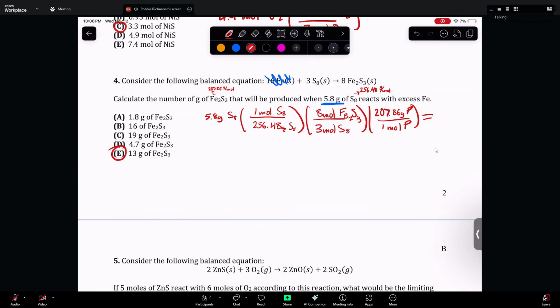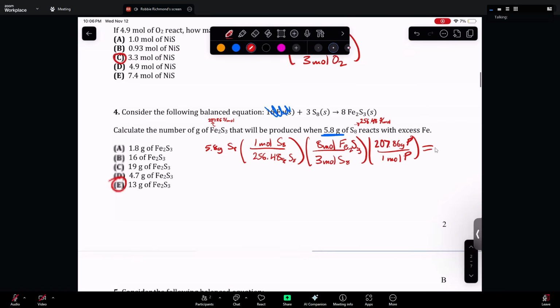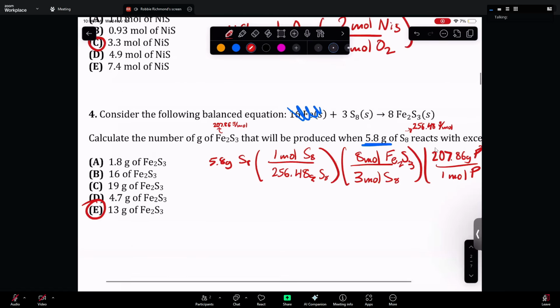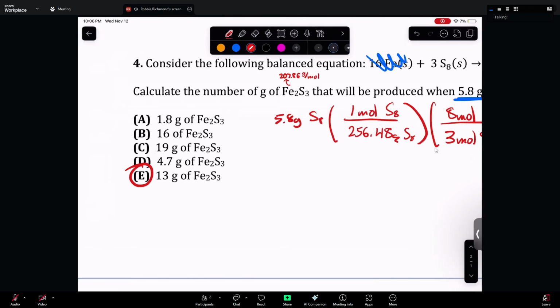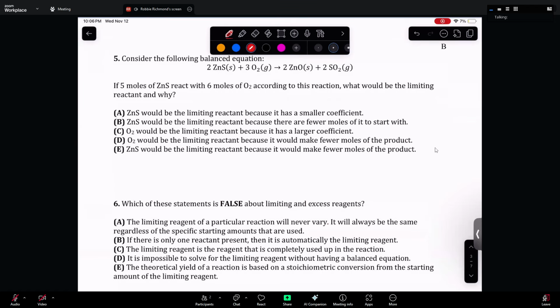Yeah, it's 12.5, but remember we have two sig figs here, so 12.5 rounded up will be 13.